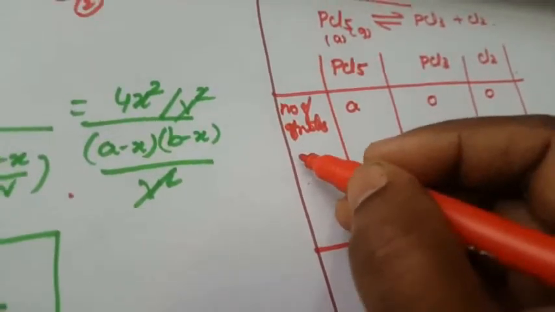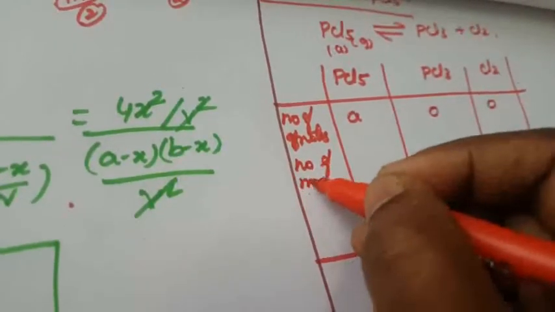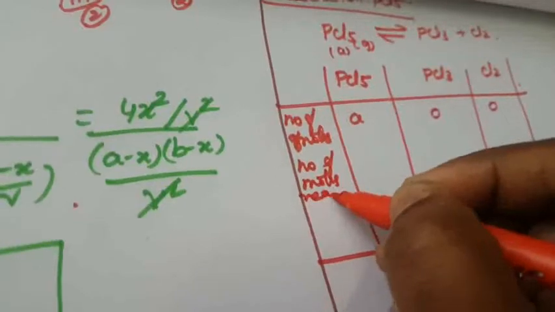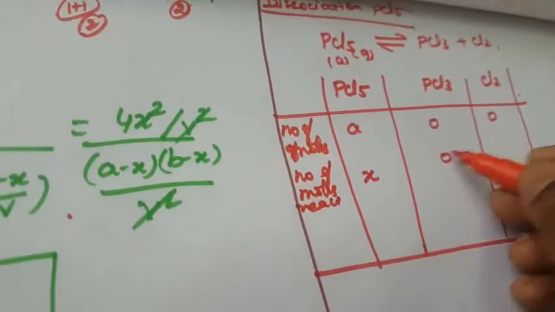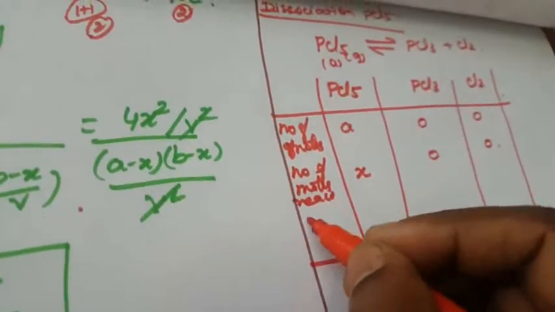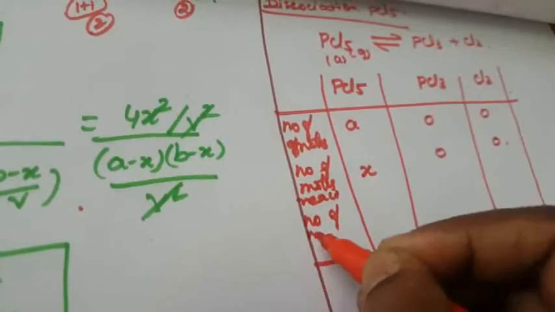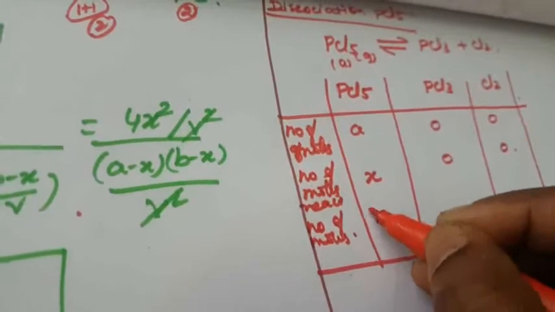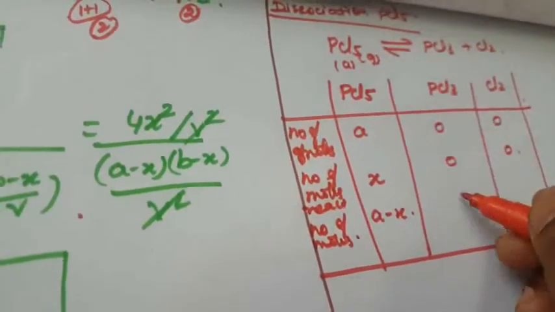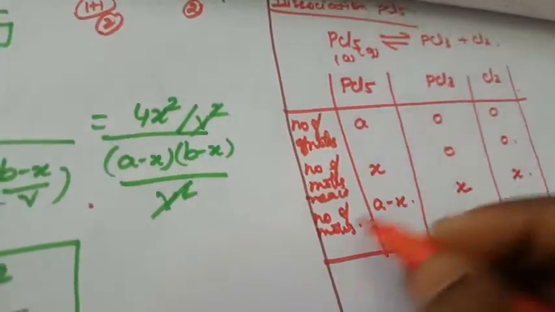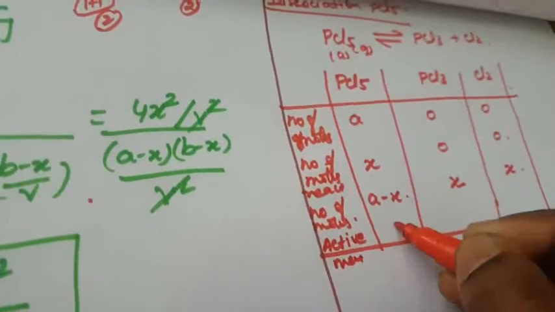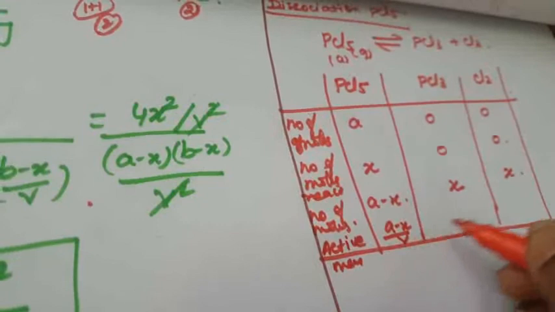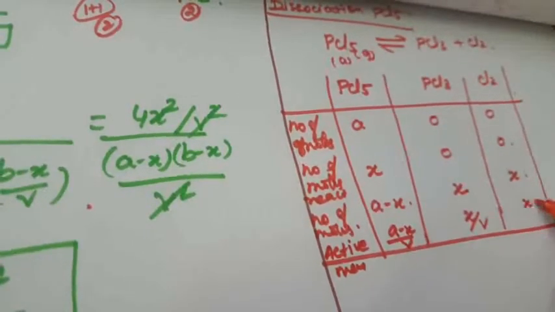Number of moles reacted: X moles, and here also no moles, 0, 0. Number of moles at equilibrium: A minus X, here also X, here also X. Next is active mass, equal to A minus X by V, X by V and X by V.